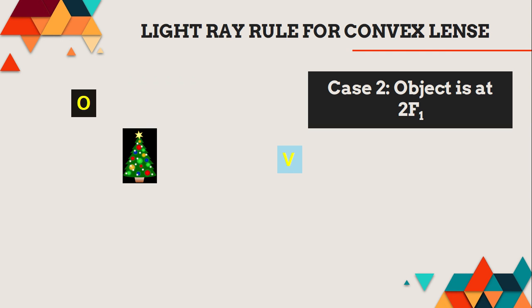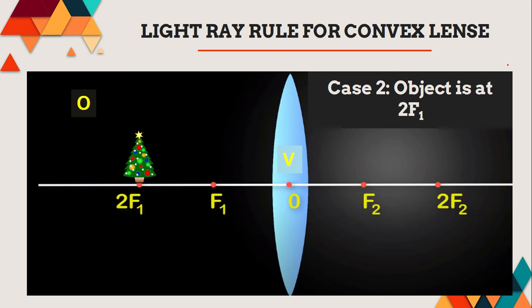So, case number 2. What if the object is at 2F1? Kanina nasa beyond 2F1. Ngayon, if the object is at 2F1, so where the image will form? Alright, so first, the rule. Ano yung rule natin? So, the incident ray will pass through sa principal axis and then will go through sa ating F2.